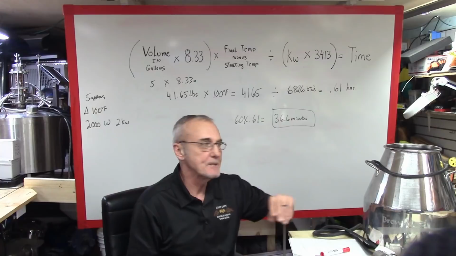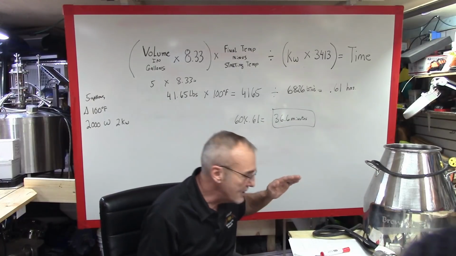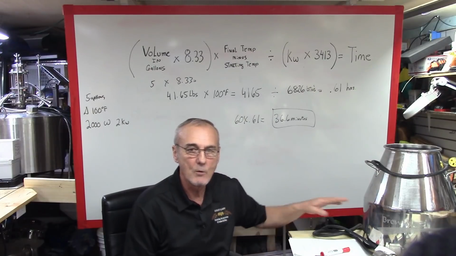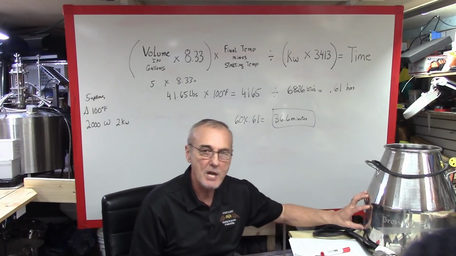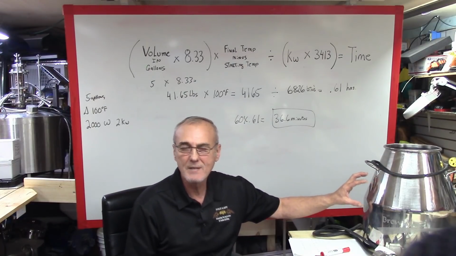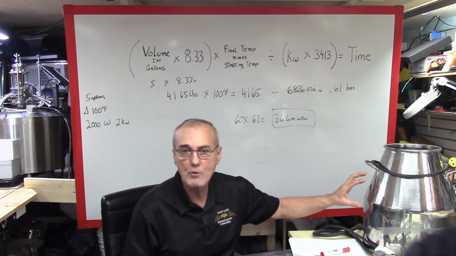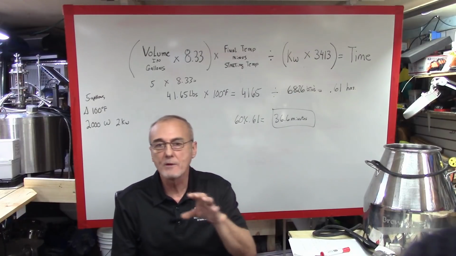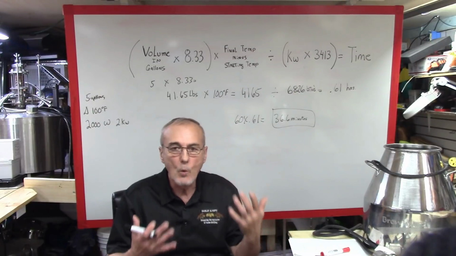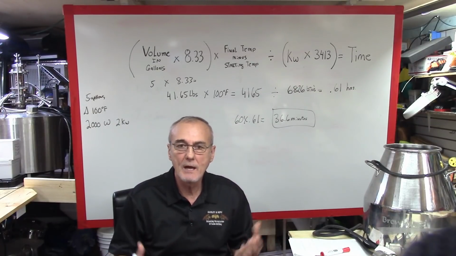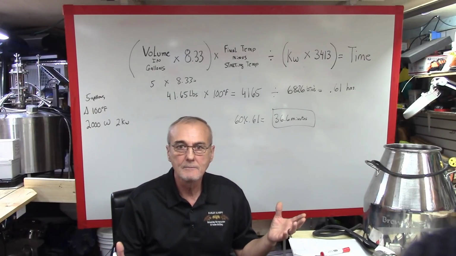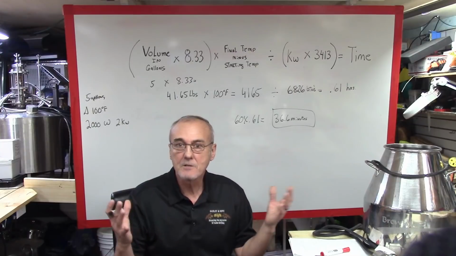What takes place is every bit of energy that we're inputting into our still, at the same time that we're inputting energy and changing the temperature, we're losing energy at a certain rate. That rate is going to be different with each and every individual still. That's just the way it is. A copper still is going to expel heat a lot quicker than a stainless steel still.